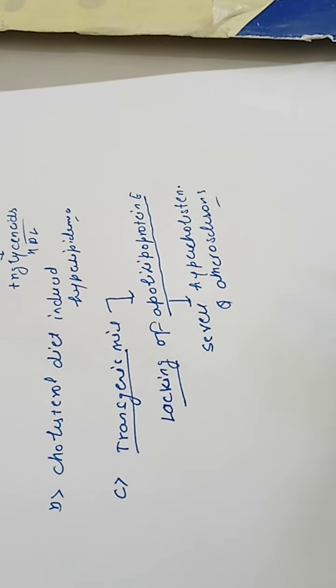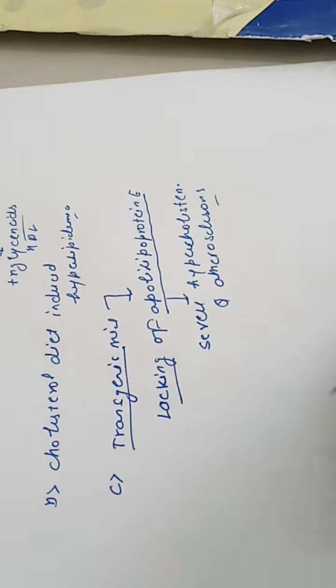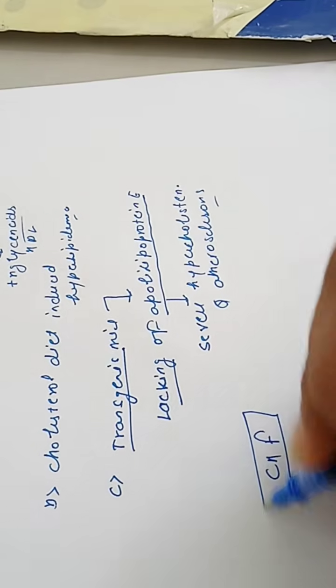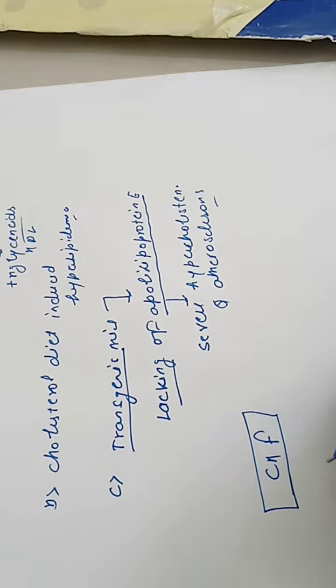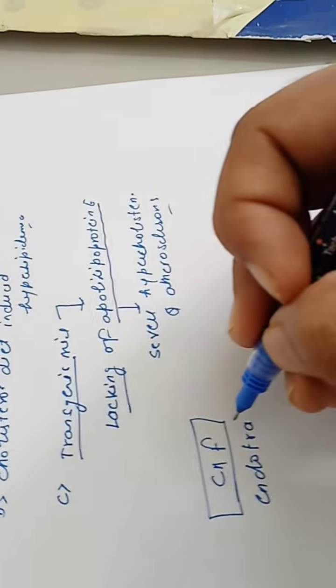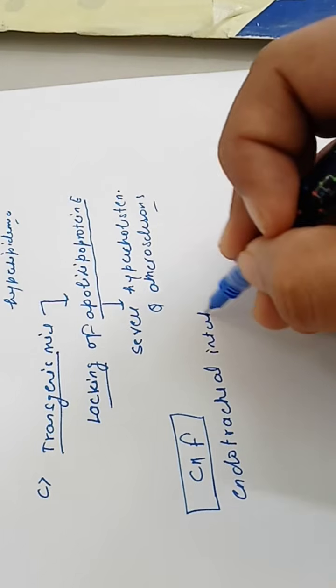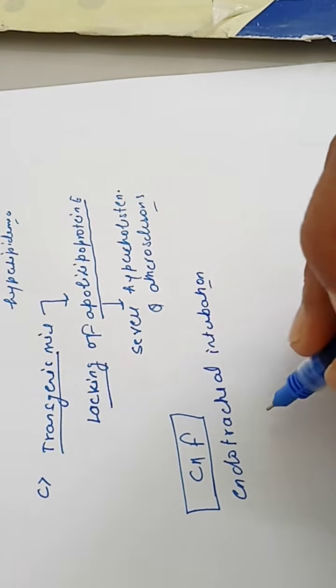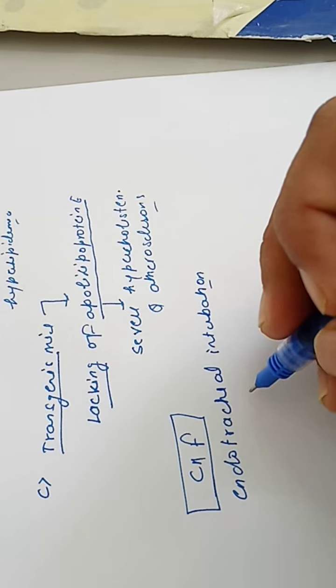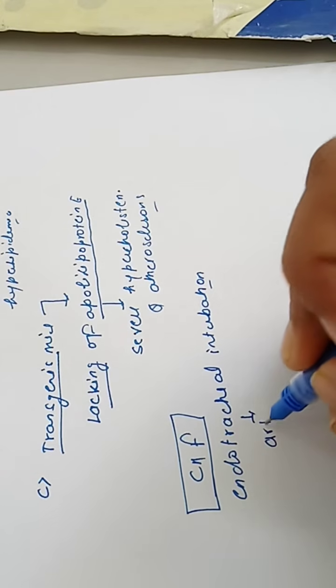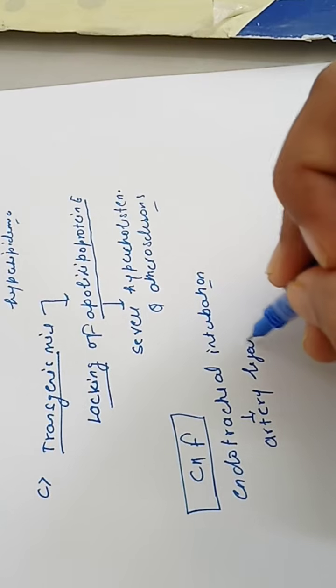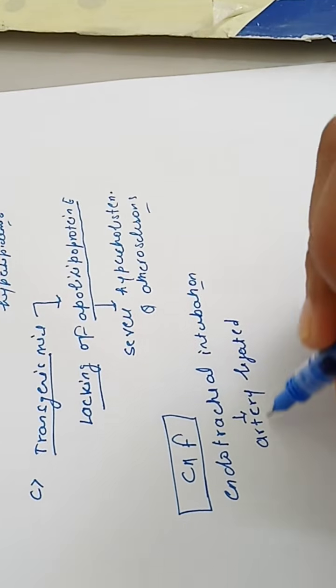You can write about these things. Another is for CHF, or congestive heart failure. For the animal model you have to do surgery and perform endotracheal intubation. Then the artery is ligated, which means you tie the arteries.